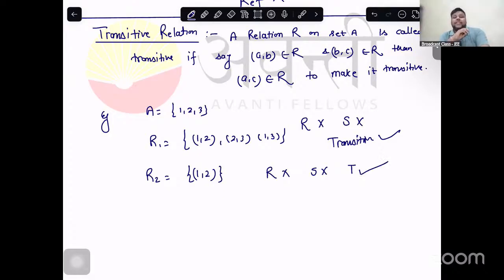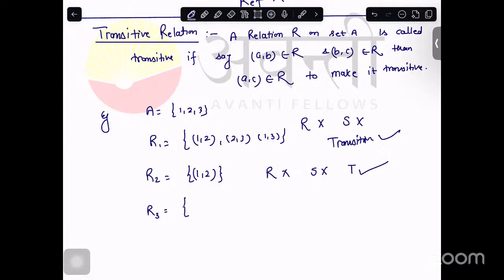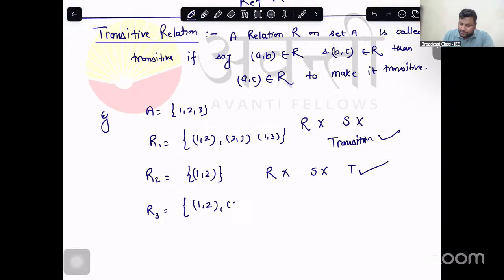What did I tell you in the definition? If (1, 2) and (2, 3) are there, then we will look for (1, 3). Agreed? If (1, 2) and (2, 3) are there, then we will look for (1, 3) and we'll call it transitive or non-transitive. If only (1, 2) is there, there is no other element like (2, 3), then it is by default transitive. Got my point? Now say I have a relation {(1, 2), (2, 1)}. Is it reflexive?